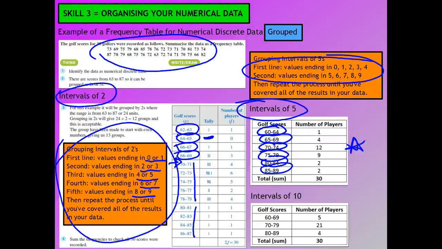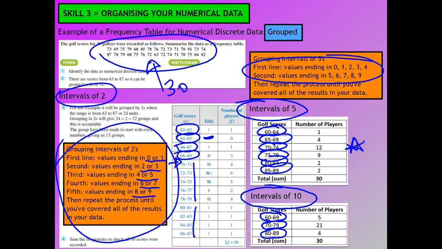Because we've got 30 scores here, which is quite a lot, sometimes you might want to sort them into intervals so that they're easier to graph later on. There's one other way you can sort them out, and that's with intervals of 10. So you'd have all the 60s on a line, so anything ending with 0 through to 9, then all the 70s, and then all the 80s.